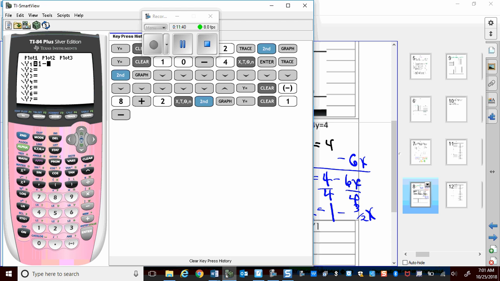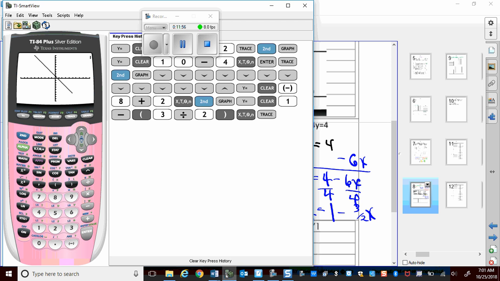We say subtract parentheses 3 divided by 2, or 3/2, close the parentheses, and x. Make sure you're bringing the x. Then you press second graph.